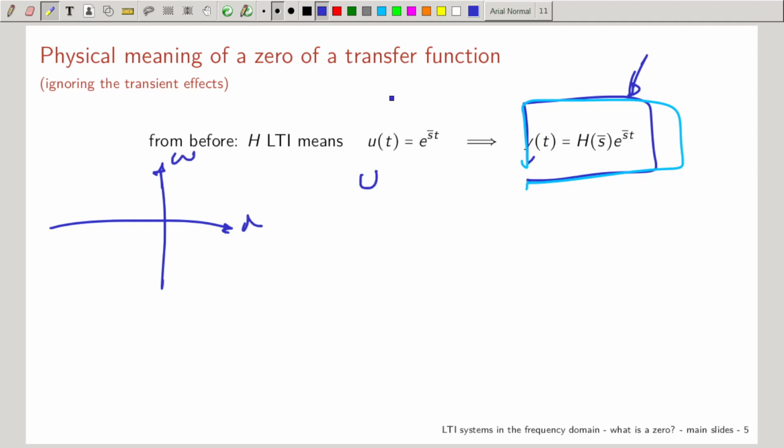Then I was having U that was this pole, and then H that was this pole and this zero. Let's rewrite it. Sorry, this was H. This was U: 1 over s plus 3, and H was (s plus 3) over (s plus 2)(s plus 4). Are we together, people?